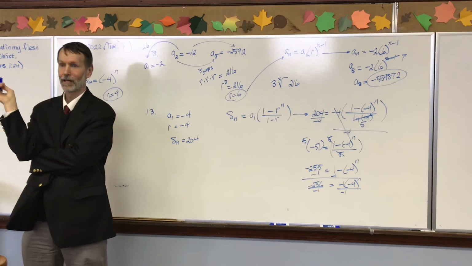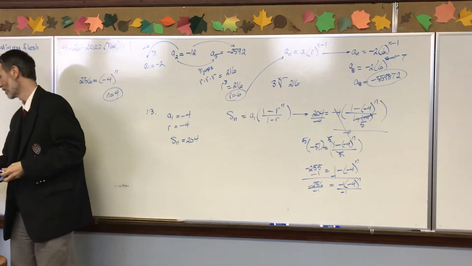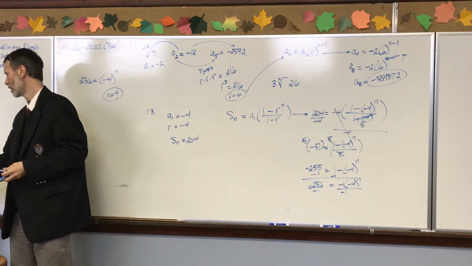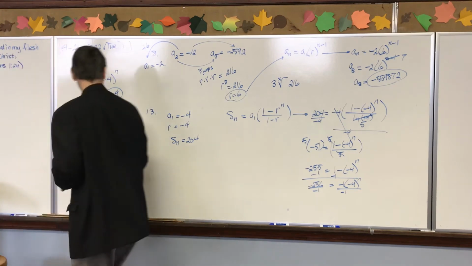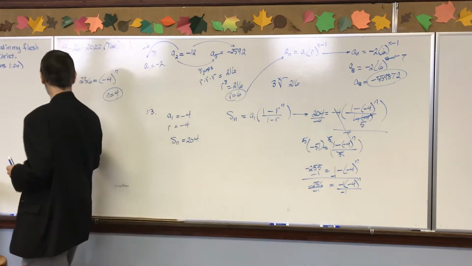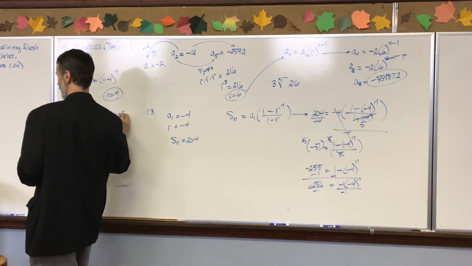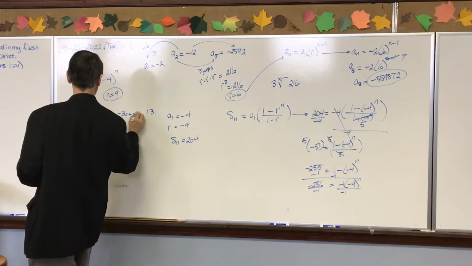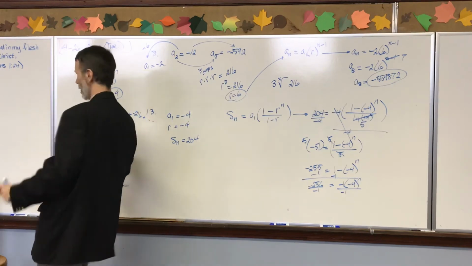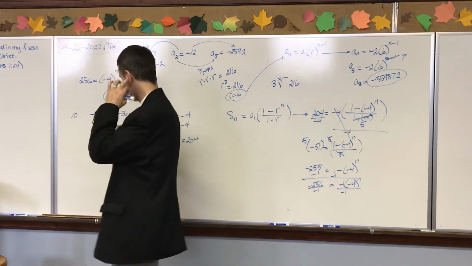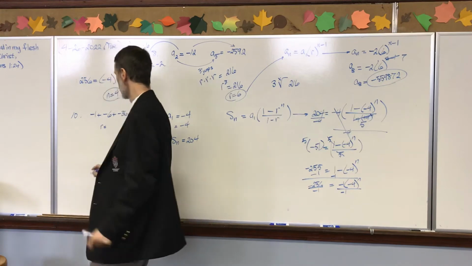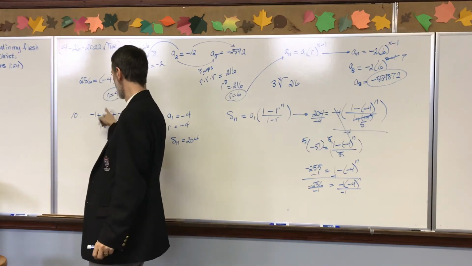This whole thing, number 10. Let me see if I can do it fast. Number 10 looks like this. We've got -1 plus -6 plus -36 plus -216 plus blah, blah, blah. Brennan, you tell me, what's r? R equals 6.